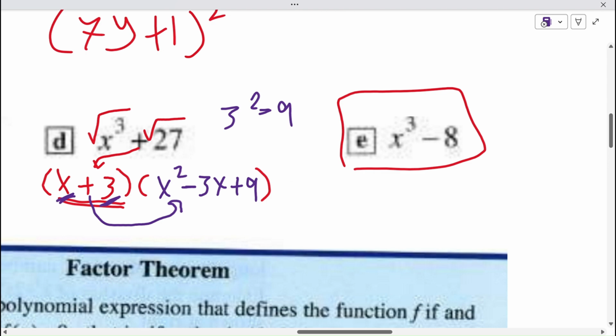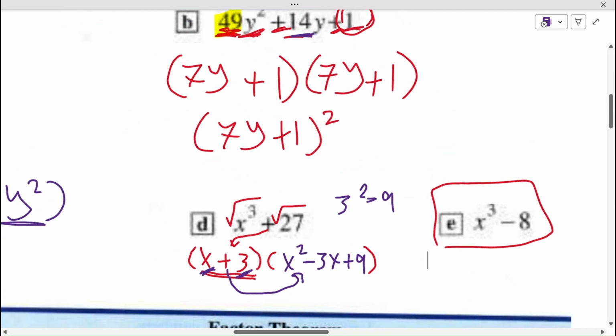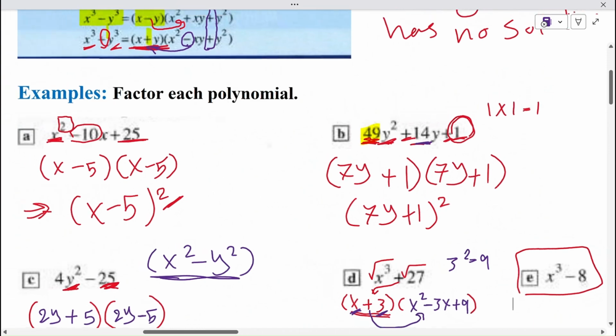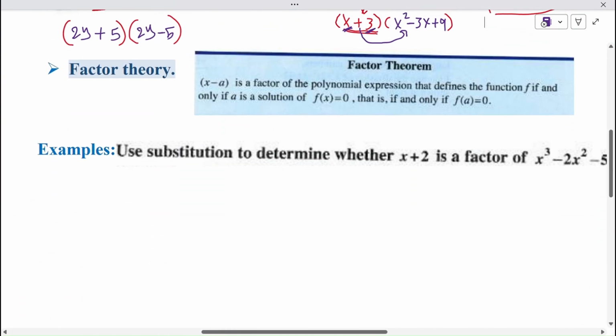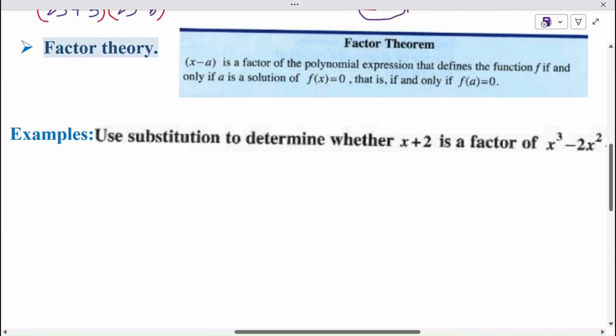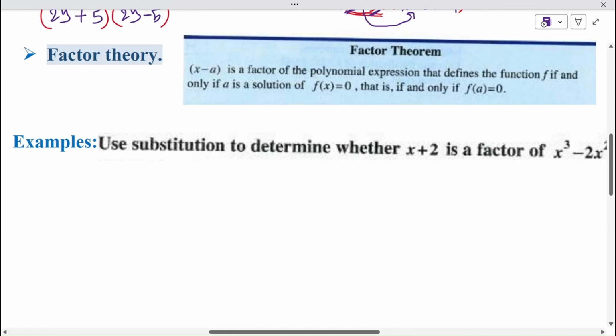This is cubic again. This is about factoring and multiplying polynomials. And here in your book we have the factor theorem.